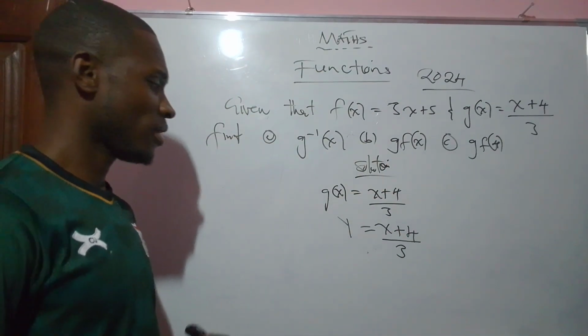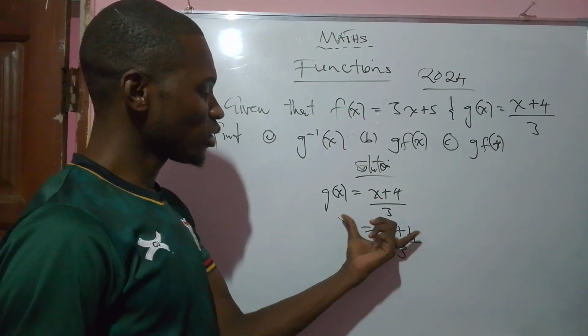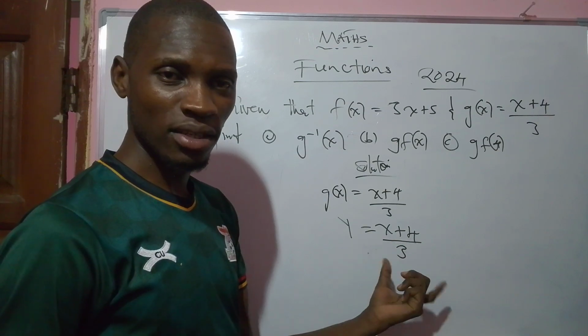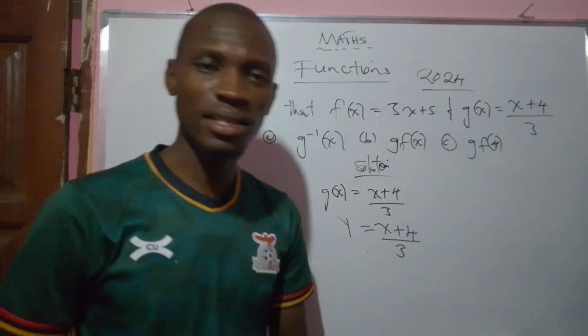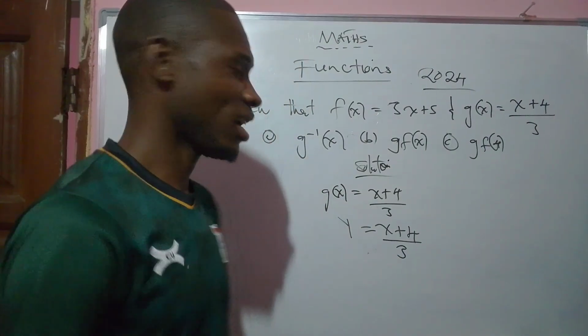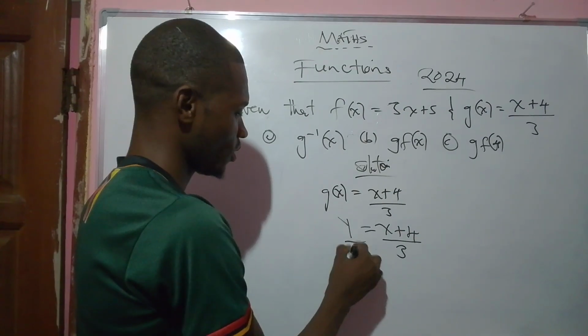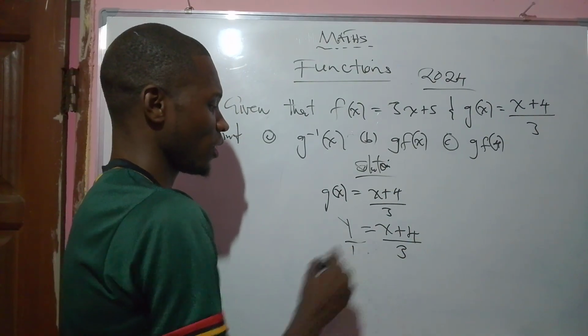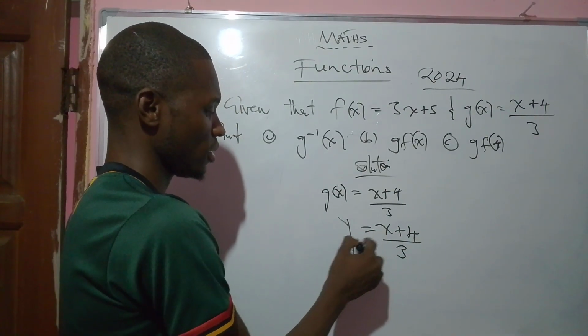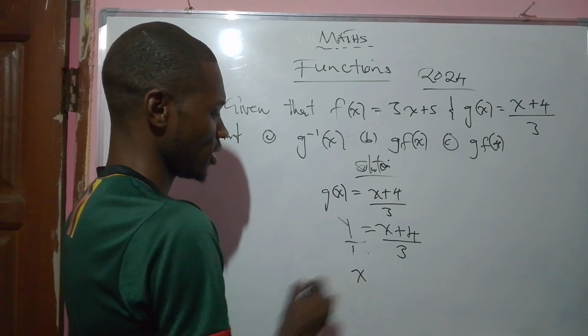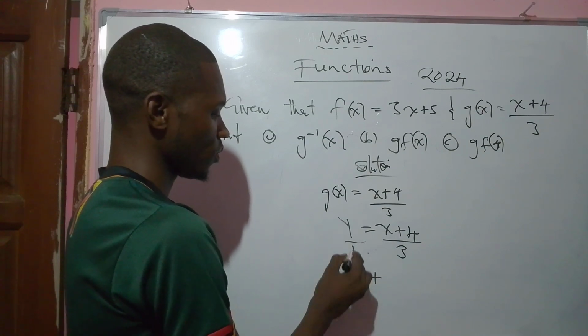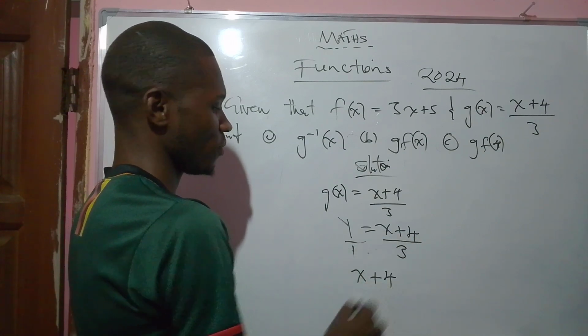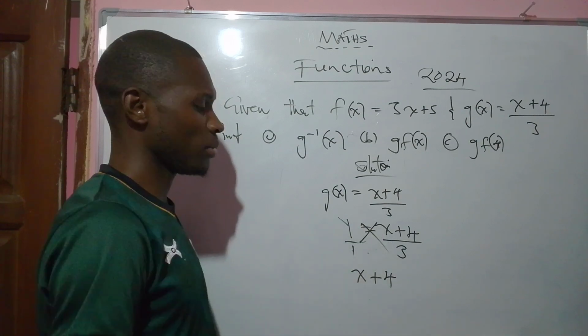Step by step. Next, the essence of doing this is to ensure that we make x the subject of the formula. So we'll put 1 here. Here we can say x times 1, you're going to get x, plus 1 times 4, you're going to get 4. So this is cross multiplication.